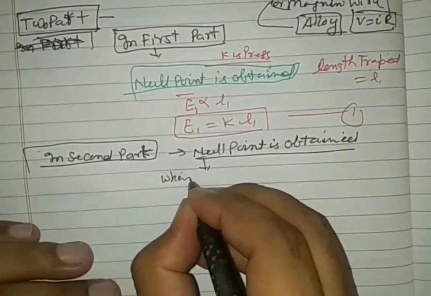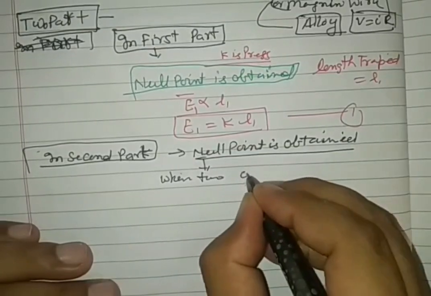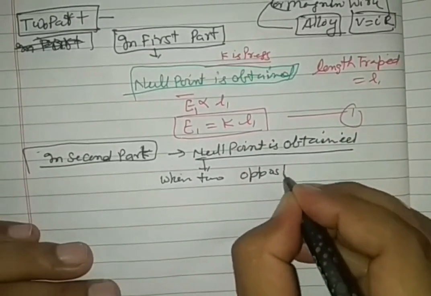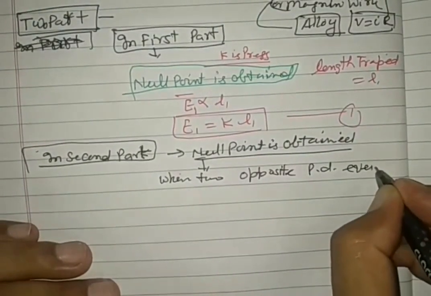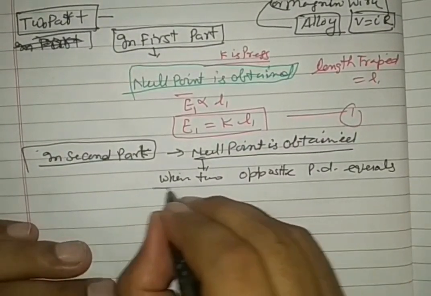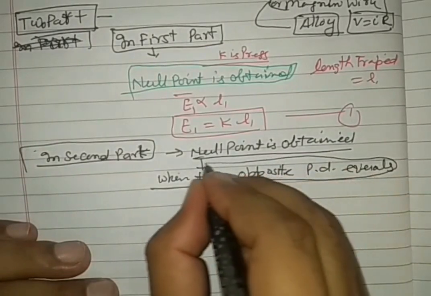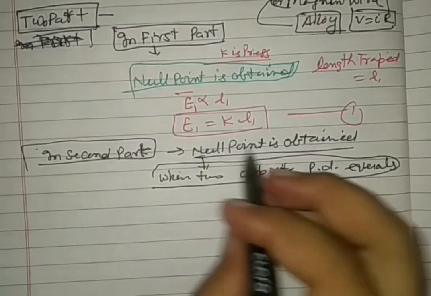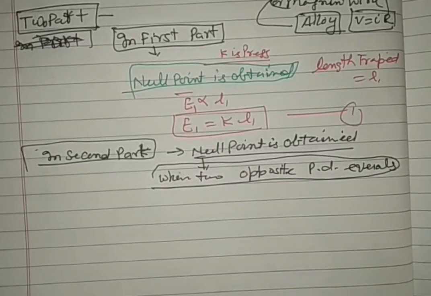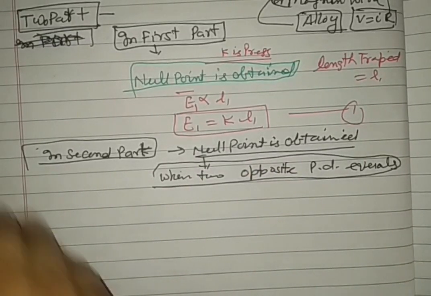When two opposite potential differences are equal and opposite, they balance each other, the null point is obtained, and balance of the potentiometer is obtained.